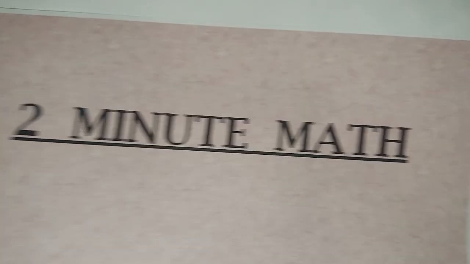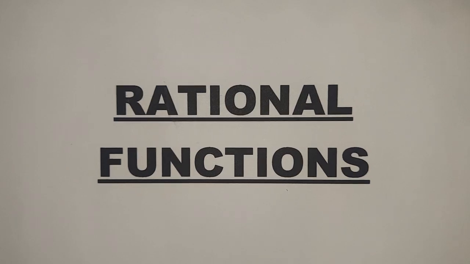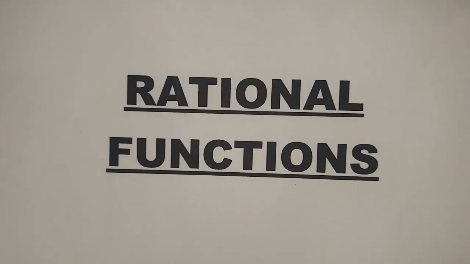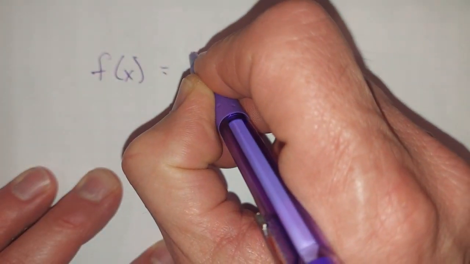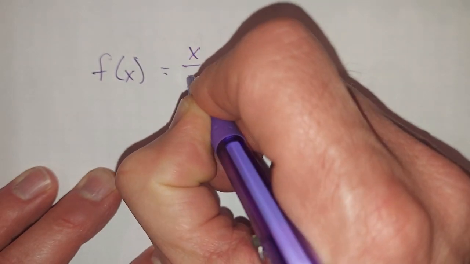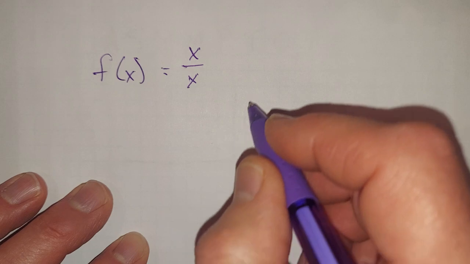Now, in this video, we're going to look at rational functions. A rational function is represented as a fraction. It's a fraction that has an x in both the numerator and denominator.